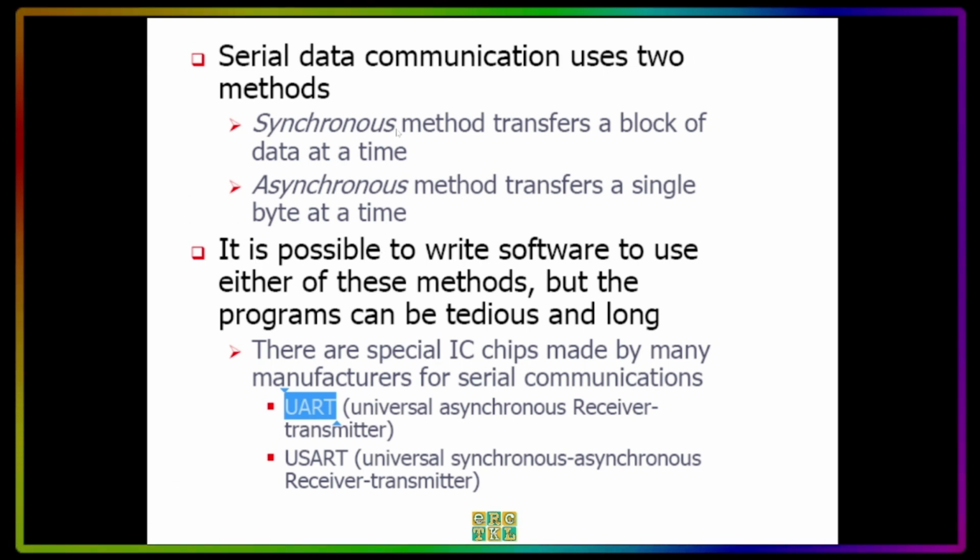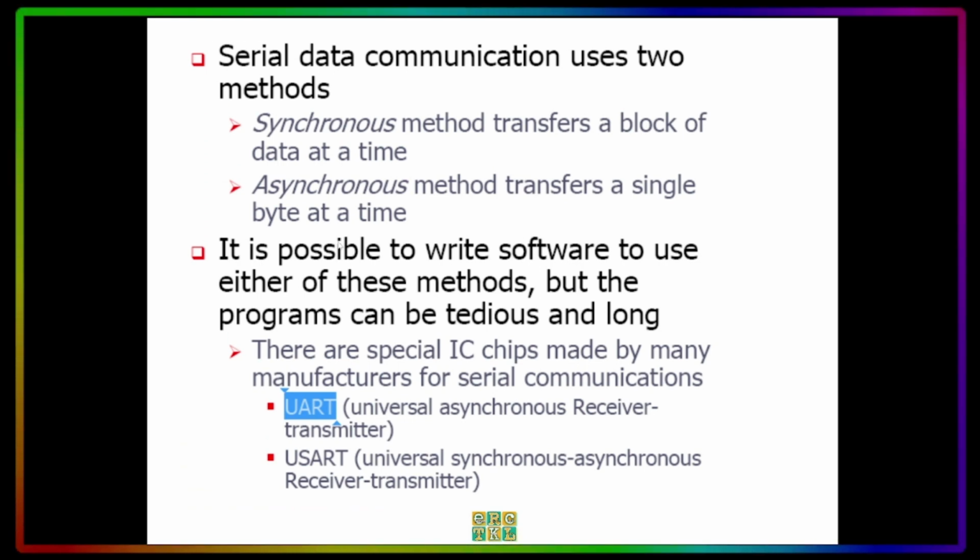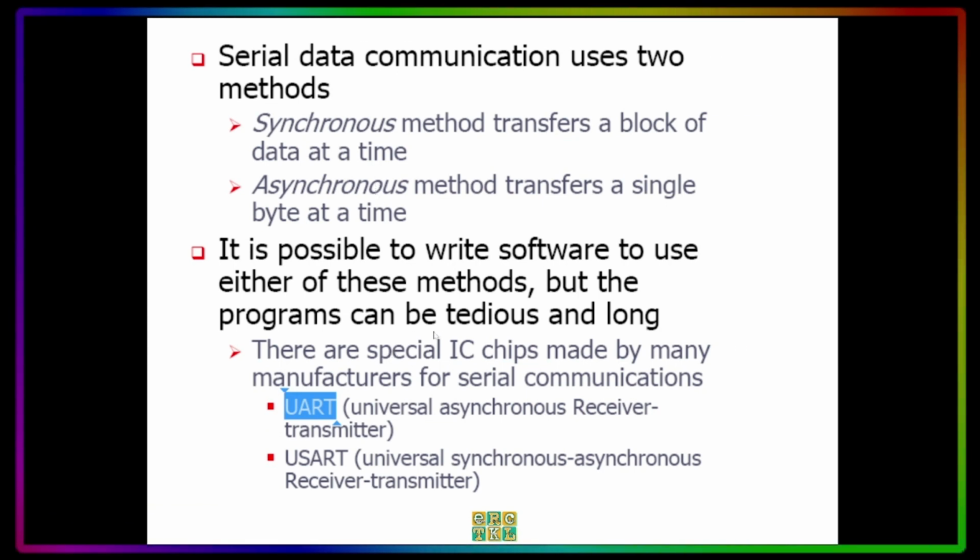Again, the synchronous method transfers a group or a block of data at a time, whereas asynchronous will transfer a single byte at a time, not a group of bytes. Now, it is possible to write software or a program to use either of these methods, but the programs can be difficult to do and will take a long time.